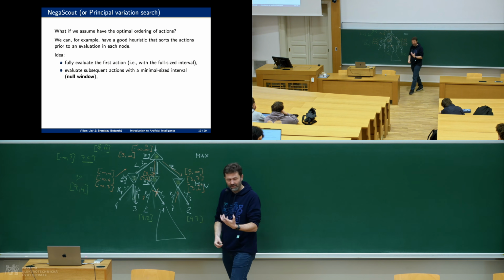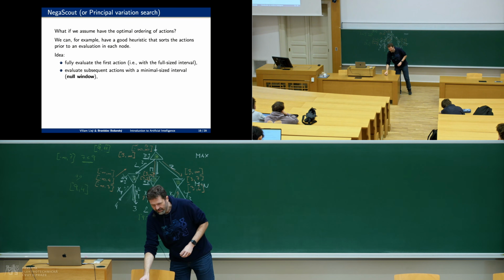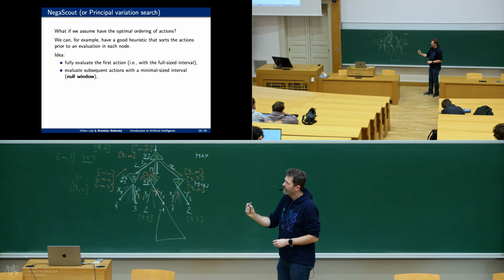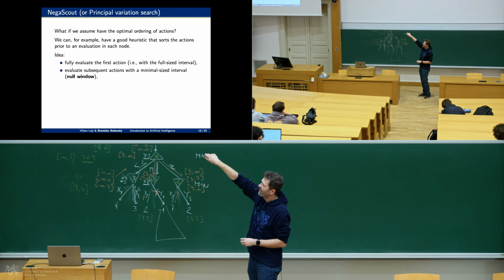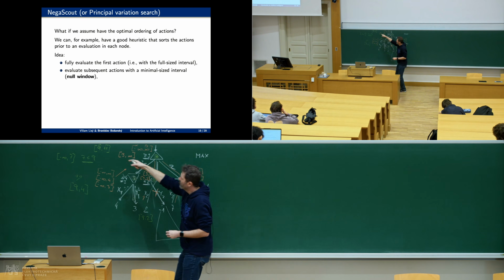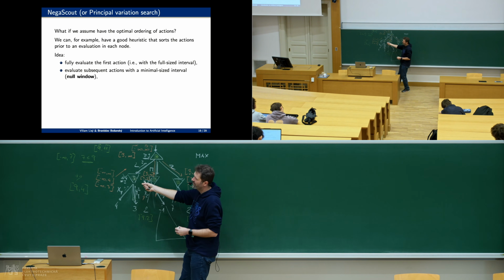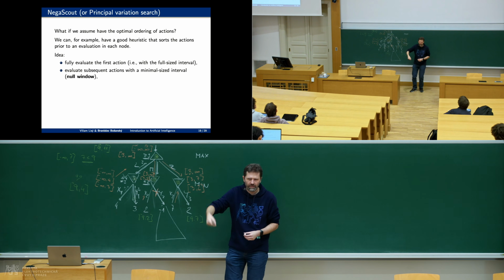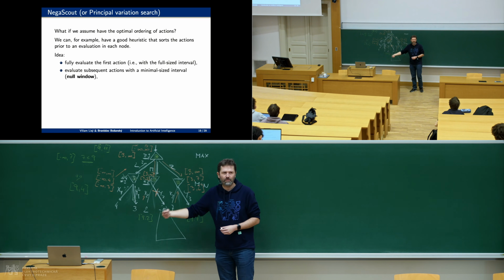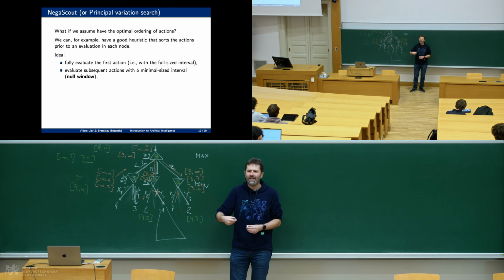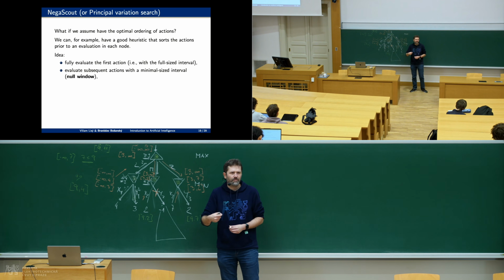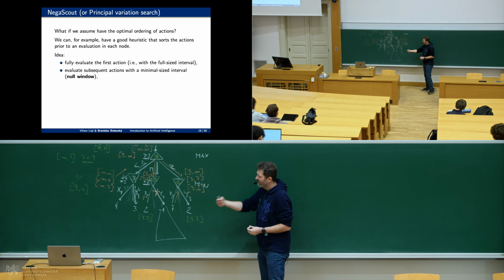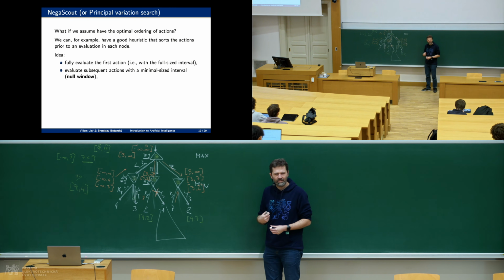And how the algorithm does that is that it creates a smaller interval. So artificially, I'm going to modify the interval inside the search so that the proof that the second action, third action, fourth action, and so on is actually worse is done as quickly as possible, so that I can prune out as many nodes as possible, and I will only check the outcome.